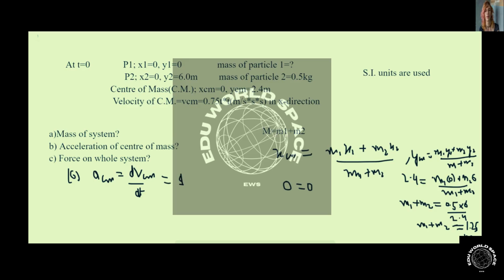The derivative of t square is just 2t, so this is 1.5 t, and the dimensions are meter per second cube.